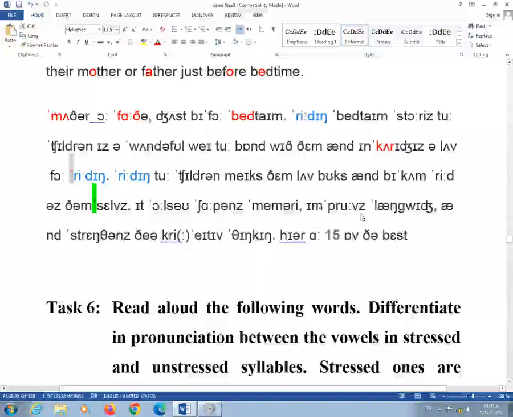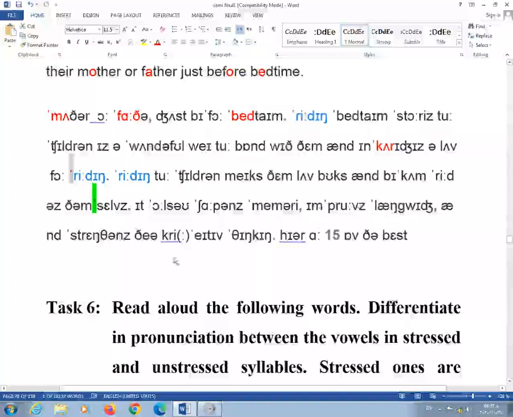Prove. Okay, so it includes a long and a strong vowel. And look at this. Language. You say language or language? No, language. So the first syllable is, as you see, a strong one. This is because it comes in a stressed syllable.